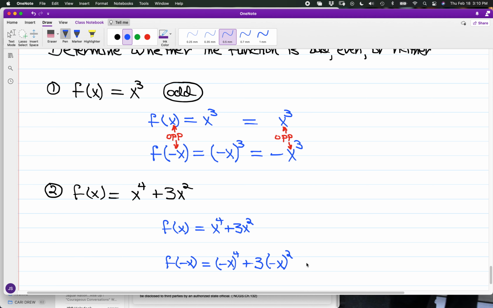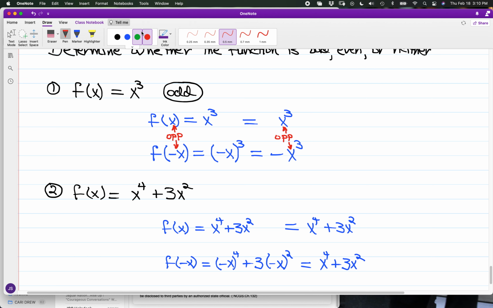And guess what? We have negative x to the fourth, which comes out to positive x to the fourth, and negative x squared comes out to x squared, so we have x to the fourth plus 3x squared.